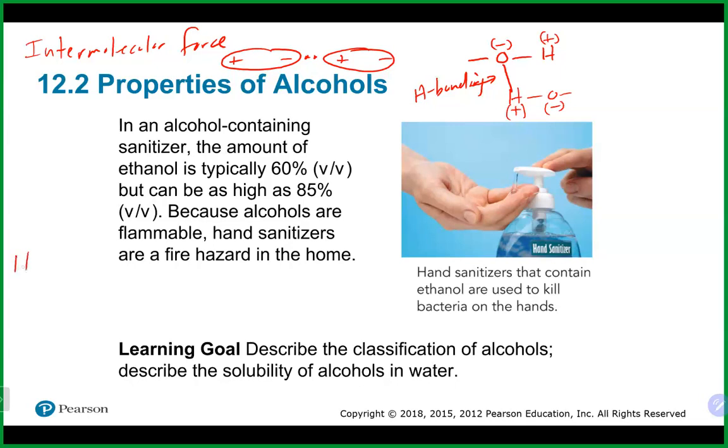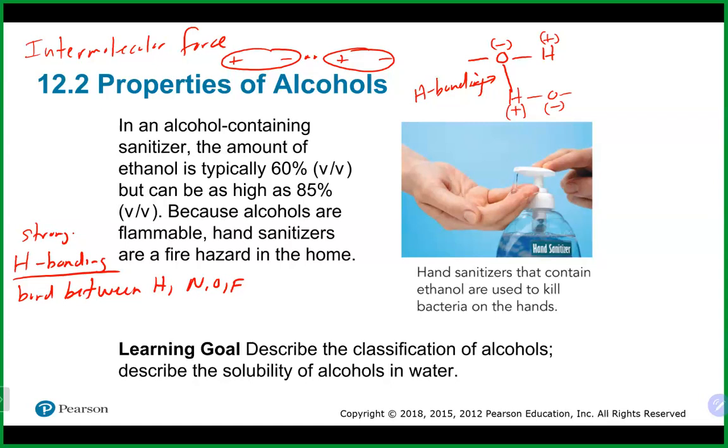There's hydrogen bonding, which is the strongest type of intermolecular force. Hydrogen bonding is a bond between hydrogen and nitrogen, oxygen, or fluorine. So in order to hydrogen bond, you have to have a hydrogen that's directly attached to a nitrogen, oxygen, or fluorine.